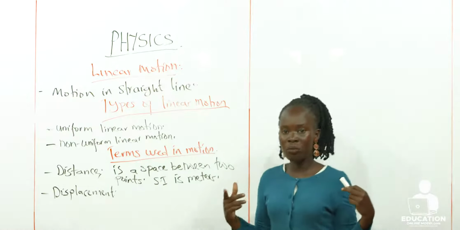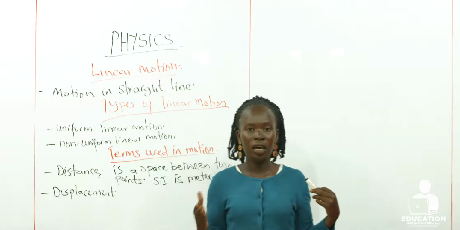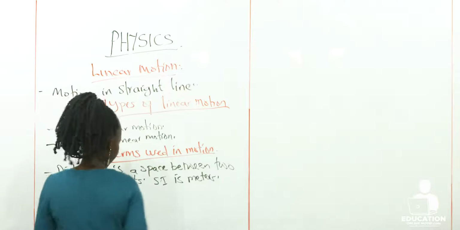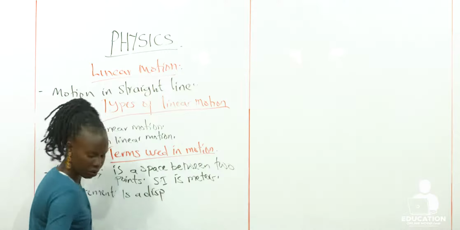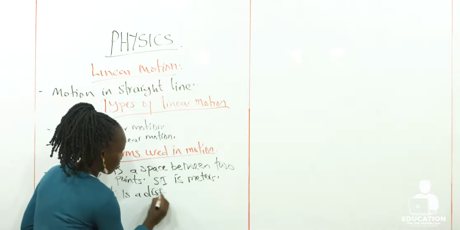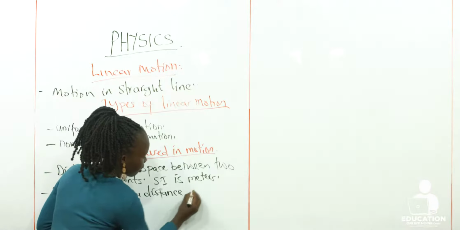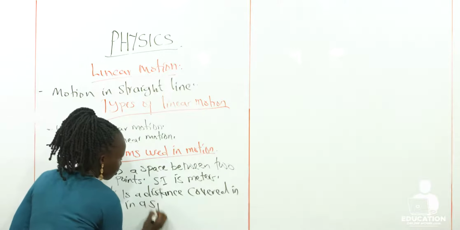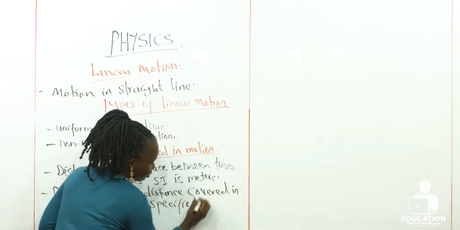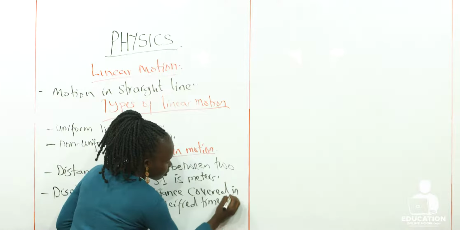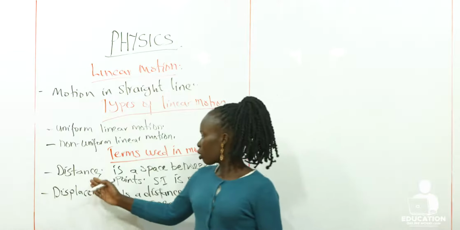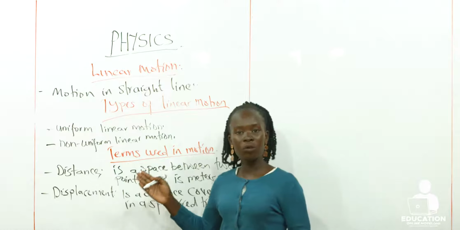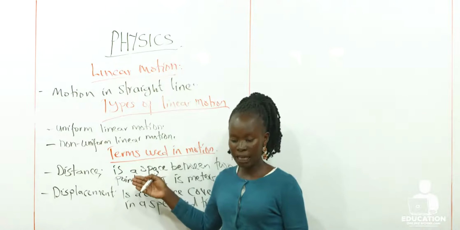So we can say displacement is the distance covered in a specified time interval. So these two will be used every time, everywhere. As you go deep into motion, you're going to be seeing this.